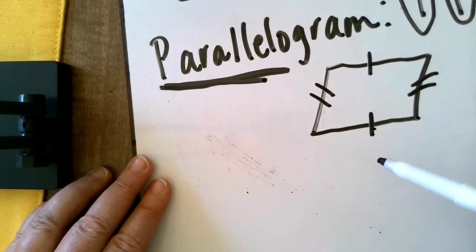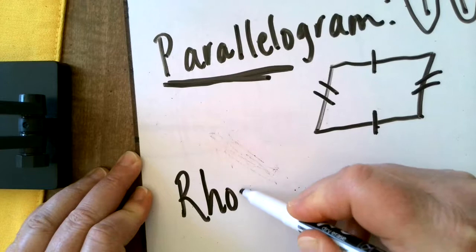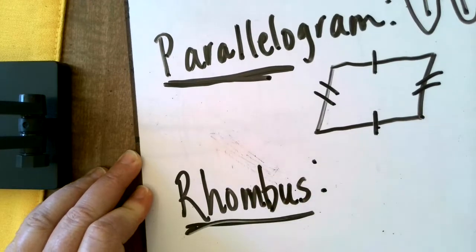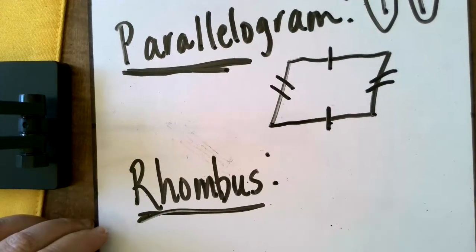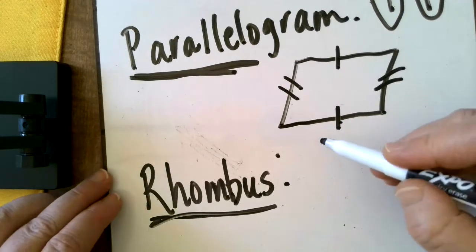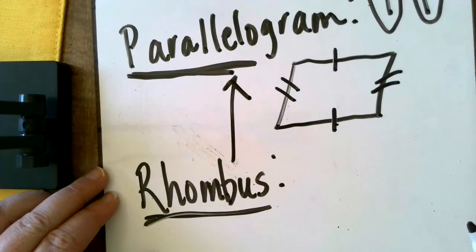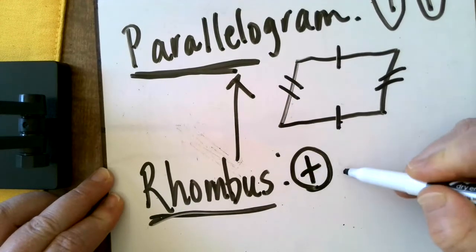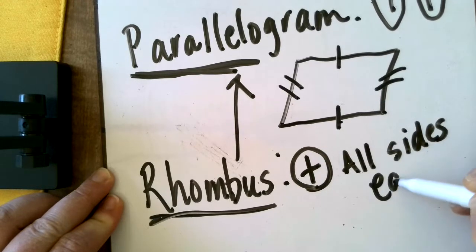The next one we have is a rhombus. And a rhombus is a little step up from a parallelogram. A rhombus has 2 pairs of parallel sides, so it builds upon the parallelogram up here, plus all sides equal.